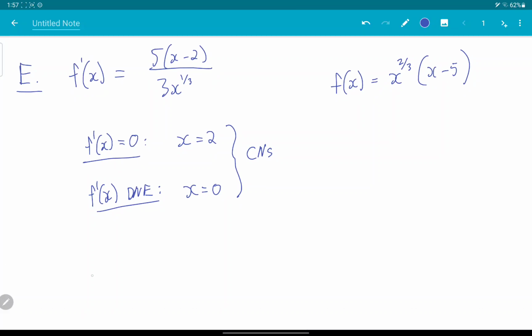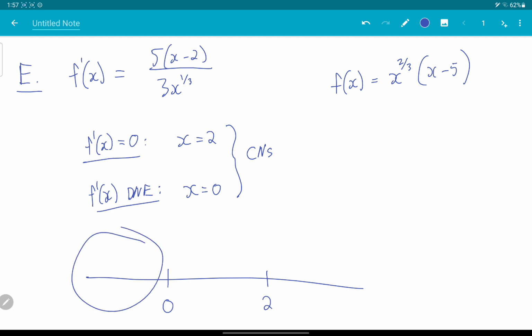So for the intervals of increase and decrease, we put our 0 and our 2 on a number line. And then we do test points. So I choose a number over here, plug it in there. So say -6. I'm getting negative over negative, giving me positive. So increasing here.